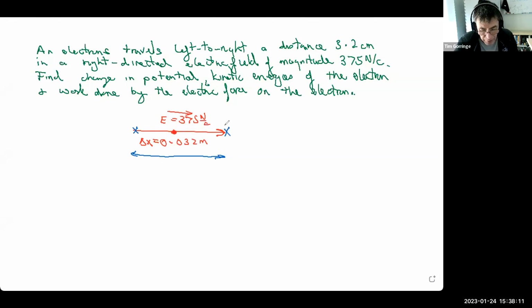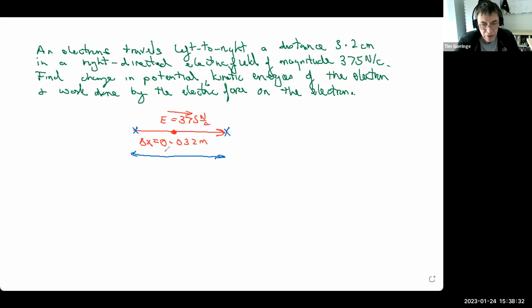We can calculate that potential difference knowing the displacement in this electrical field. If you remember, the electrical field is the negative slope of the electrical potential. So that tells us the electrical field from the electrical potential.